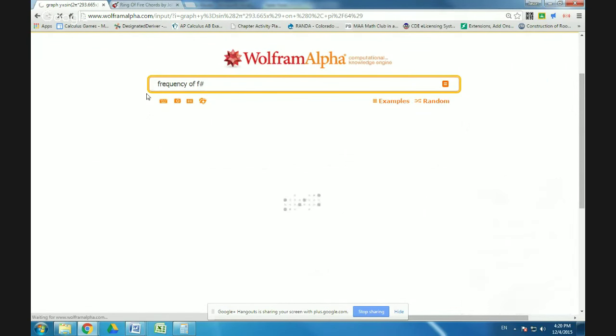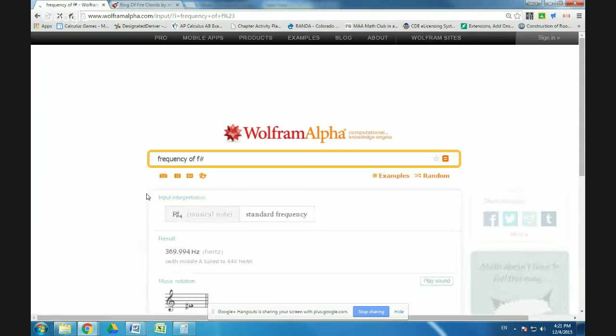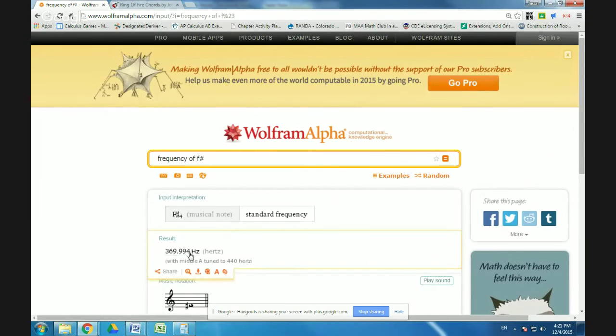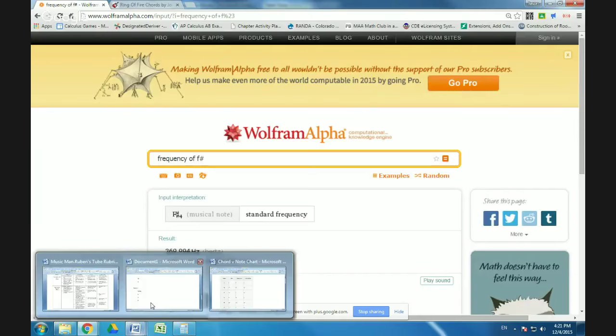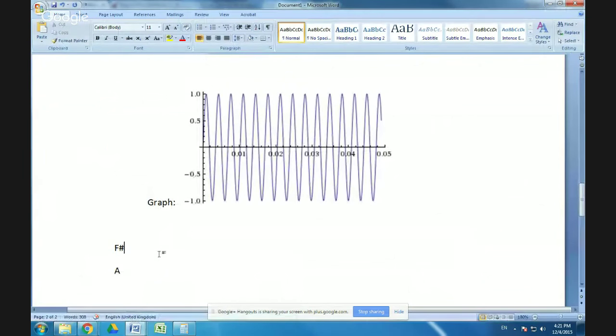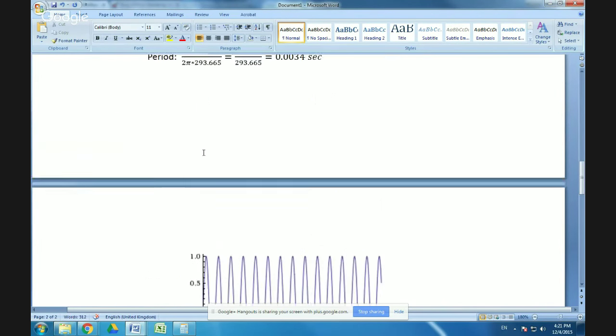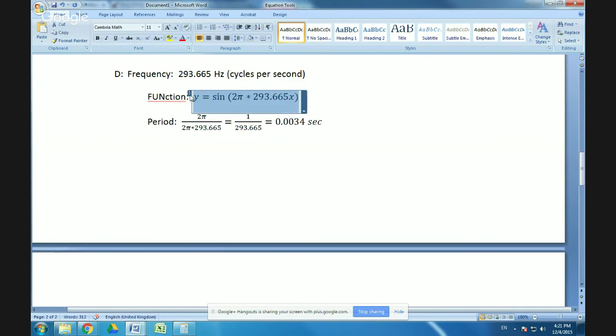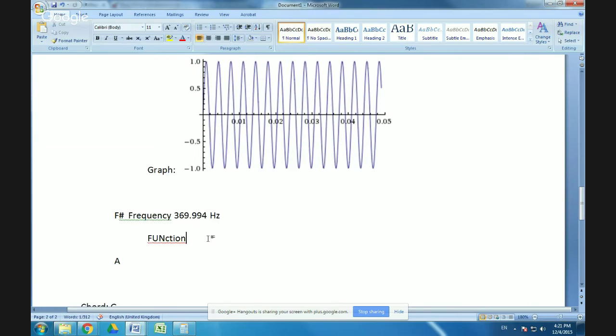note, first of all. So we need the frequency of F sharp, 369.994. So then the function, easy part here, I'm just going to copy this, paste it, change the number here.